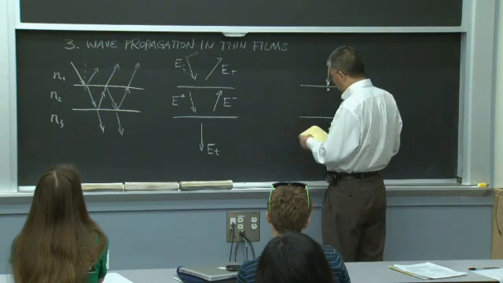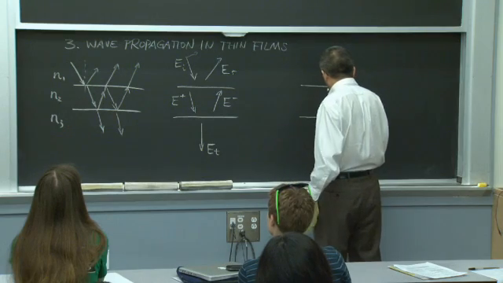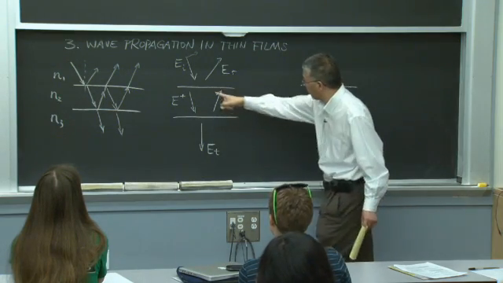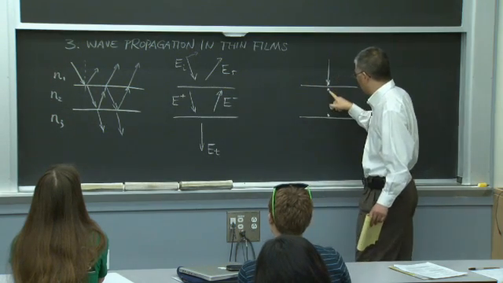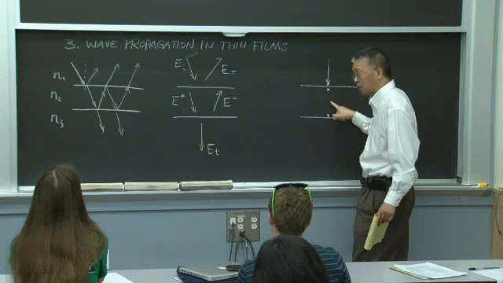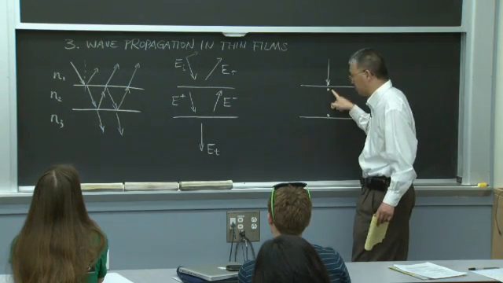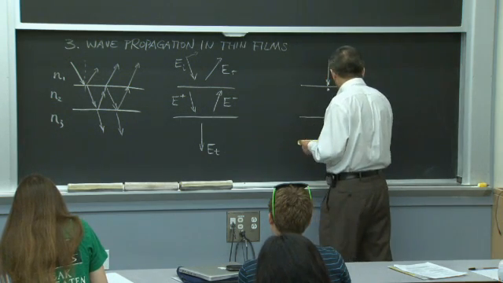So what I'm going to do is use the phase factor I know from this point to this point, and from this point to this point. So I actually know the relation between the electric and magnetic fields between these two points.